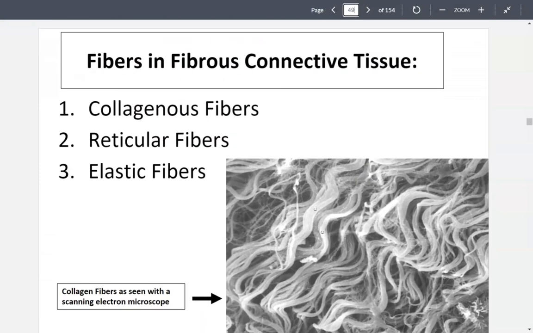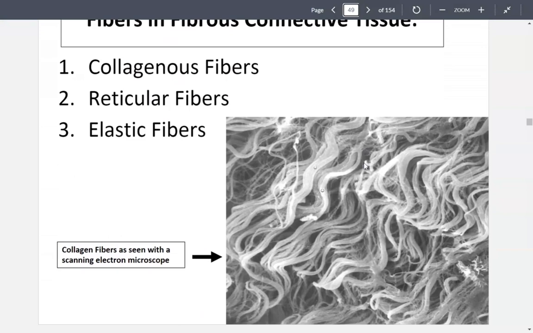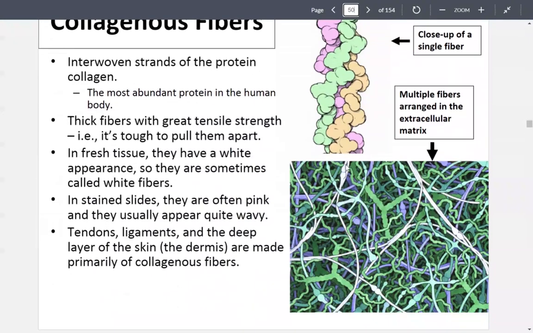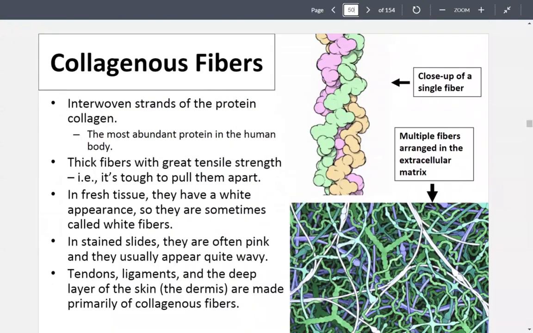Here we have our fibers. We're going to be talking about collagenous, reticular, and elastic fibers. Collagenous fibers, interwoven strands of the protein collagen, which is the most abundant protein in the human body.